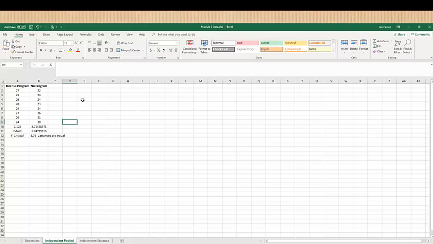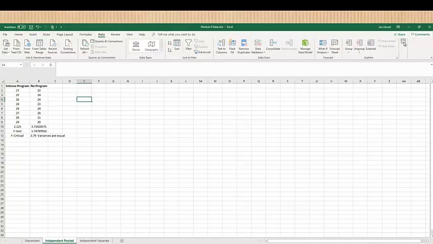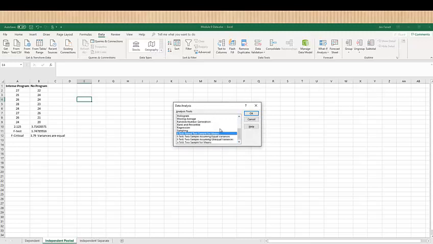So how do we do this in Excel? Again, we go to Data, and we go to our Data Analysis tool. This time, we're going to do a t-test for 2 samples, assuming equal variance.